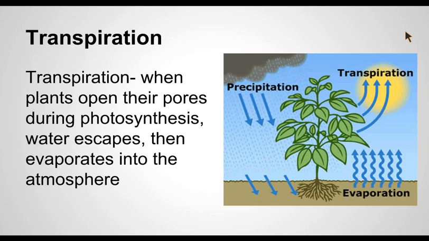Now, why do plants have so much more water than animals do? Because of photosynthesis. The same reason that plants have chloroplasts and animals don't. Remember that when these pores open, it's during photosynthesis, when those plants are opening up to intake that carbon dioxide. So now that we have runoff and transpiration, what comes next?